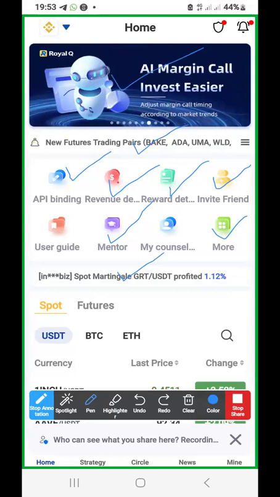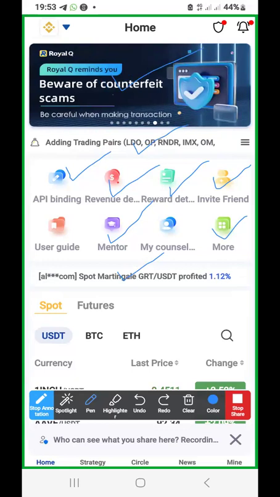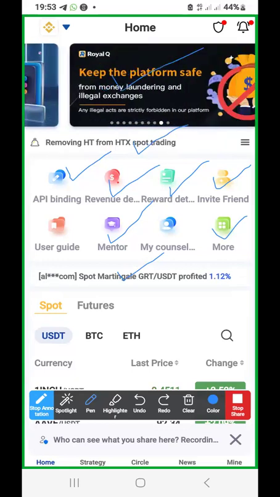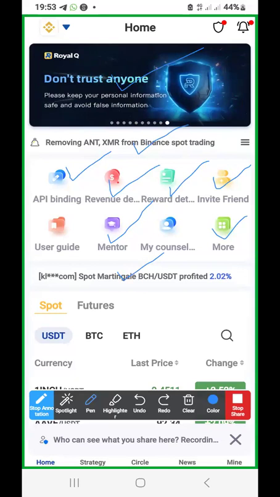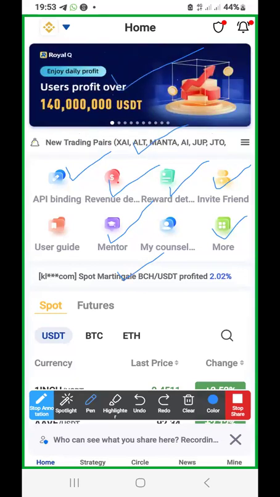Because there are some things that may be done when you don't pay attention, and when they have sent a notification, it will get you by surprise. Then you'll begin complaining that royalq has done this, royalq has done that, yet it would be your negligence not to pay attention and take this information seriously. So that is what we looked at yesterday.